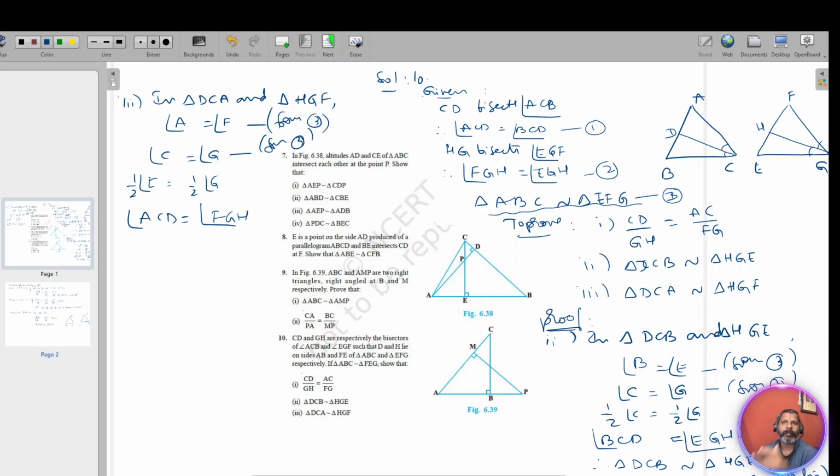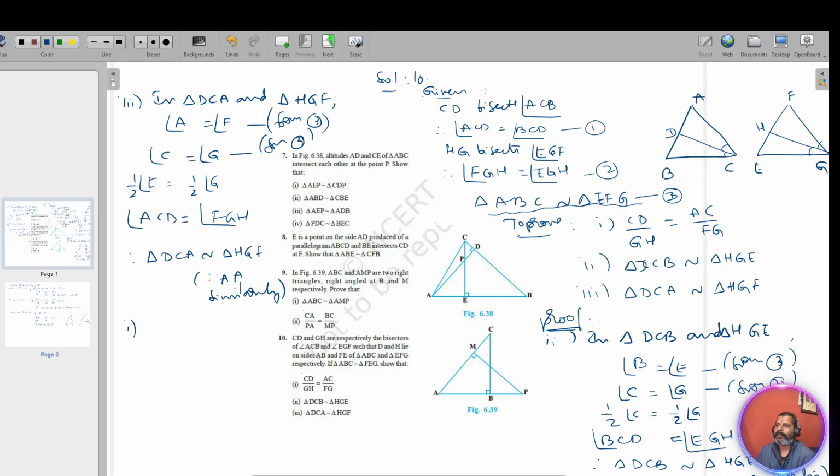Last time I took the bottom part. So ACD and FGH are similar. Therefore, by AA similarity, triangle DCA is similar to triangle HGF. We are done.